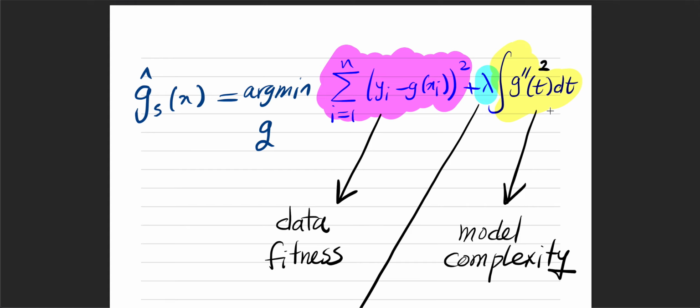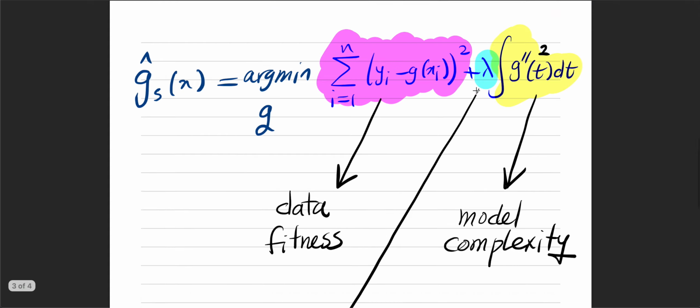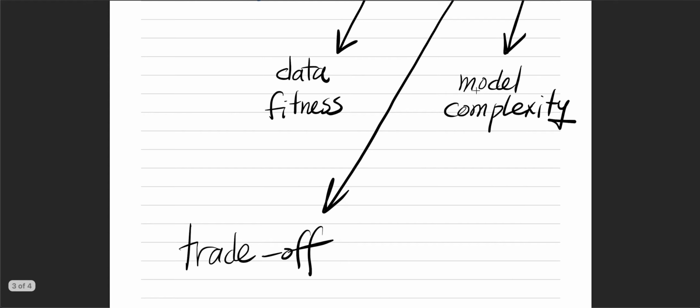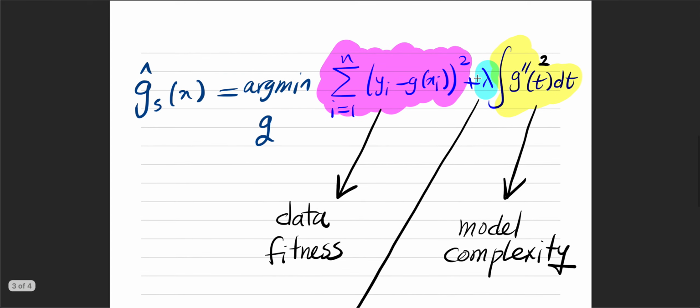And we want a function that fits the data well, but it's not too wiggly. And the balance between these two is determined with lambda. Lambda determines the trade-off. If lambda is 0, then we don't have this term and we end up with just g hat being equal to yi.